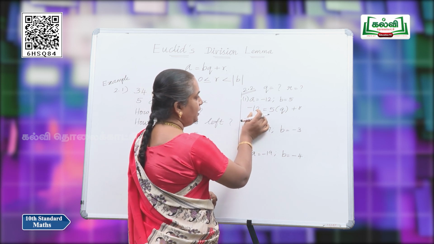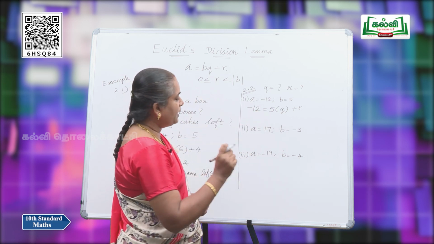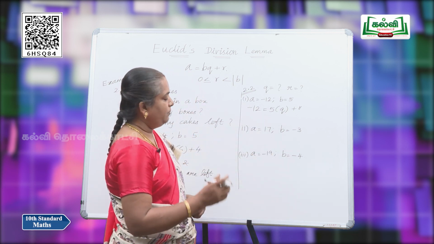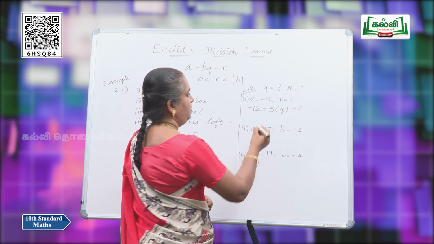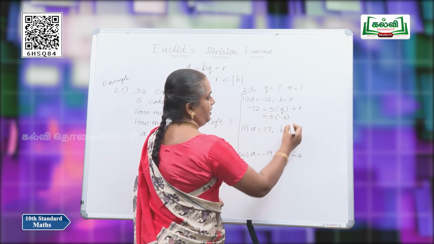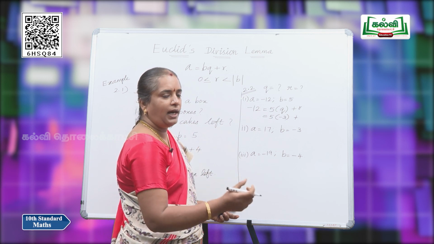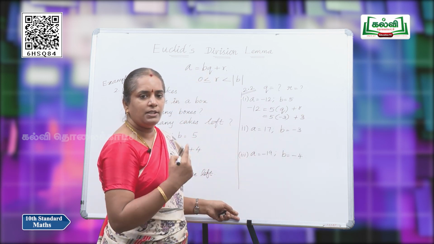So, a more negative value should be there for bq. So, what is more negative than minus 12? Minus 15. So, we have to say that 5 into minus 3, as this becomes minus 15, we are going to add 3 to that to get minus 12.